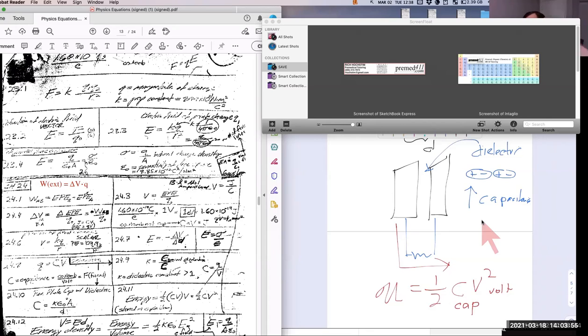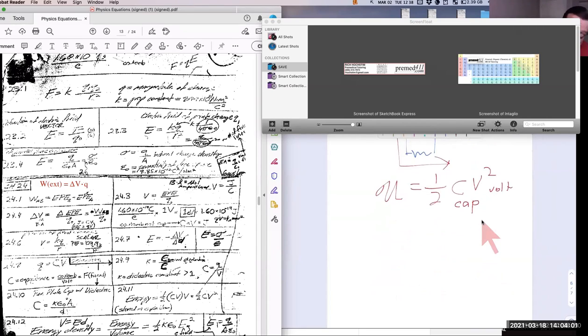Now, a capacitor can be charged up and it can be discharged. So what happens is, if we're going to charge it up, we're going to hook the wires onto it. What will happen is the charge is going to build up, and this will occur with time. And as it builds up, it's going to reach a limit, and that's the maximum charge that it can store.